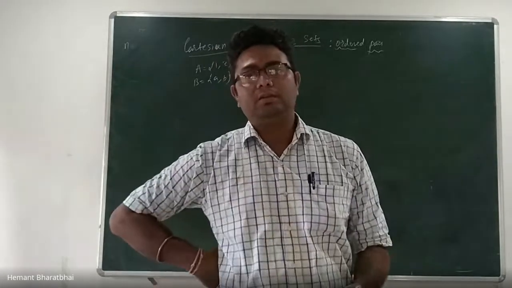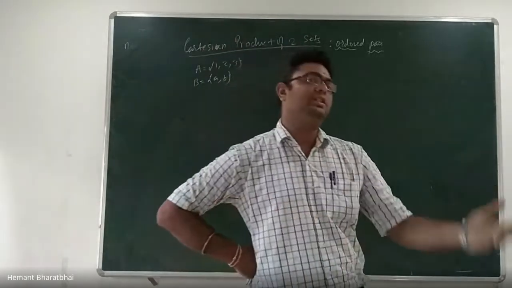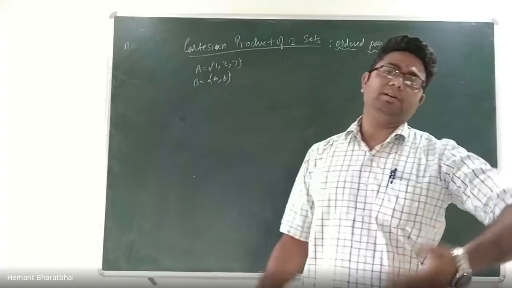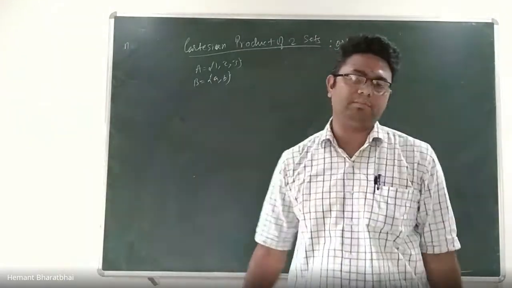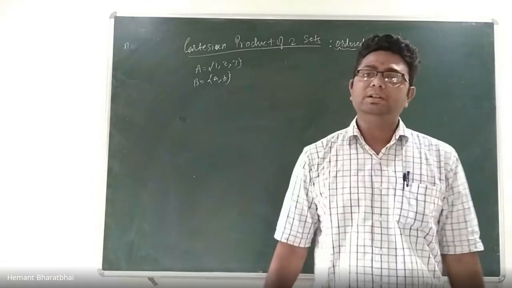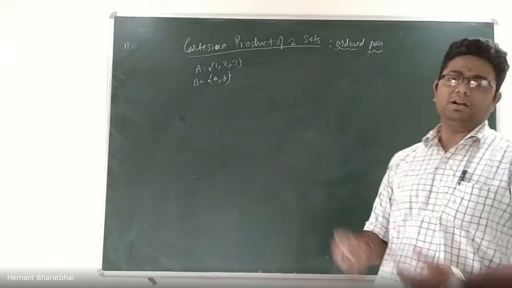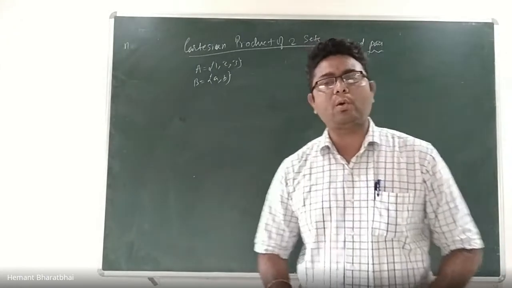Suppose the teacher says everyone comes with your roll number one by one. So what do we do? First roll number, then the second roll number will go, then the third, then the fourth. It will not be random. So that is called order. When I say ordered pair, some sequence will be followed.